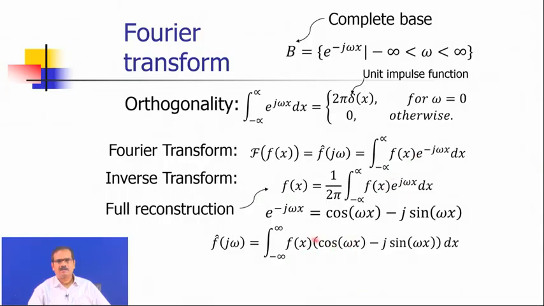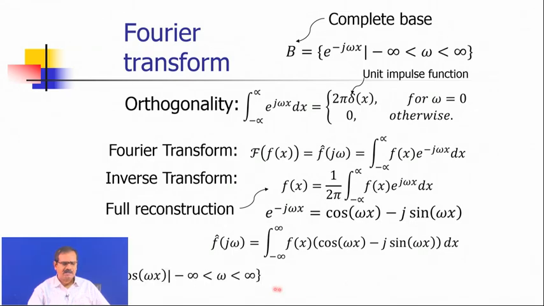It has one transform component which consists of the real part and another which consists of the imaginary part. In the real part we use the basis functions cos omega x, whereas in the imaginary part we use the basis functions sin omega x or minus sin omega x, whatever be your interpretation.